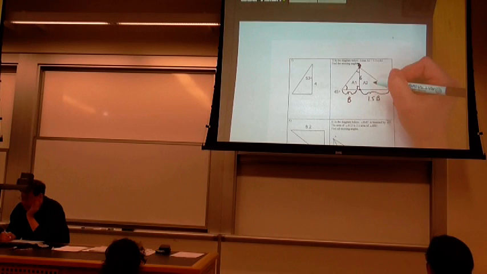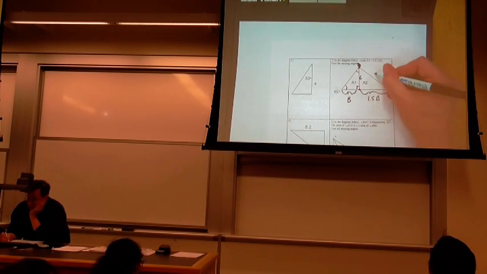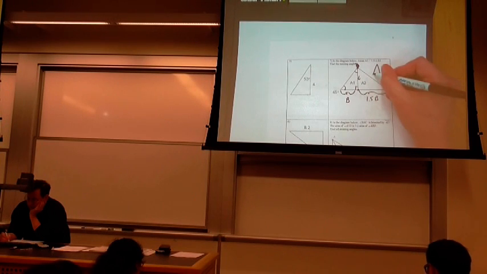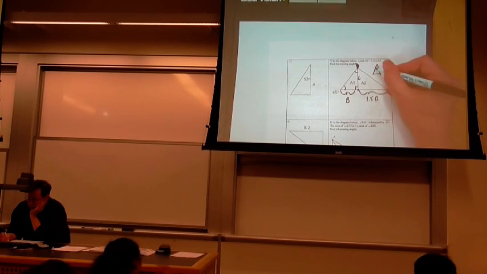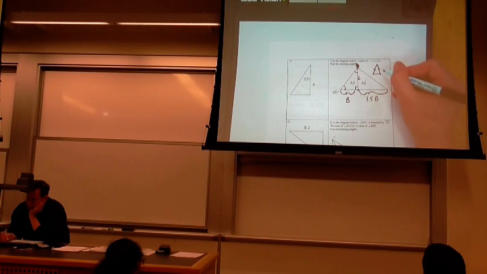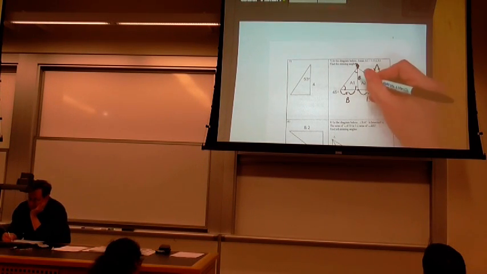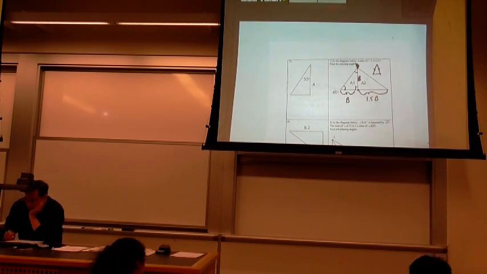Aside from being right, it's an isosceles triangle, right? Everyone remember that one? These sides are equal, and the opposite angles are equal. The opposite sides are equal. Okay. So we know this is B. We're getting there.